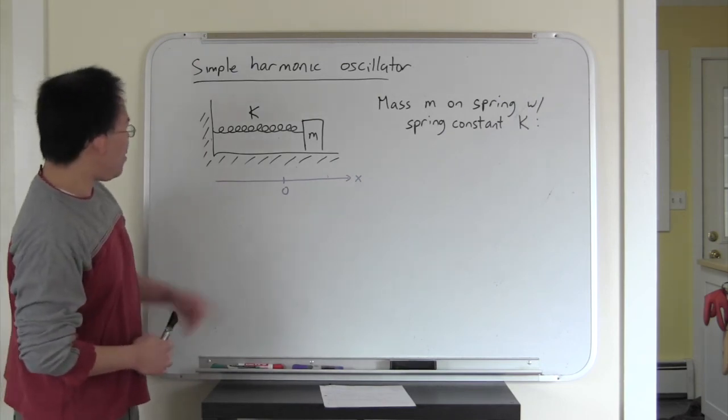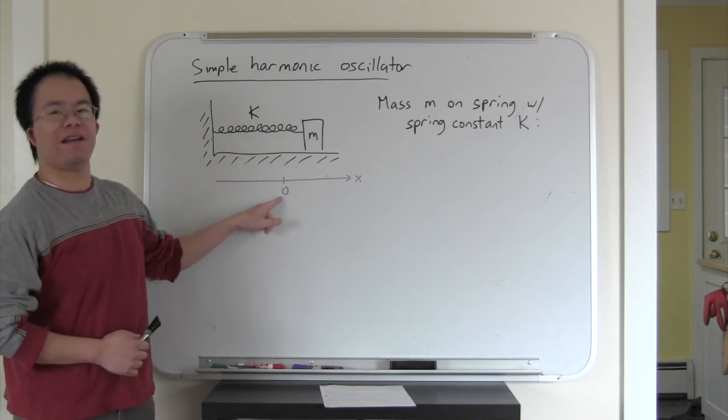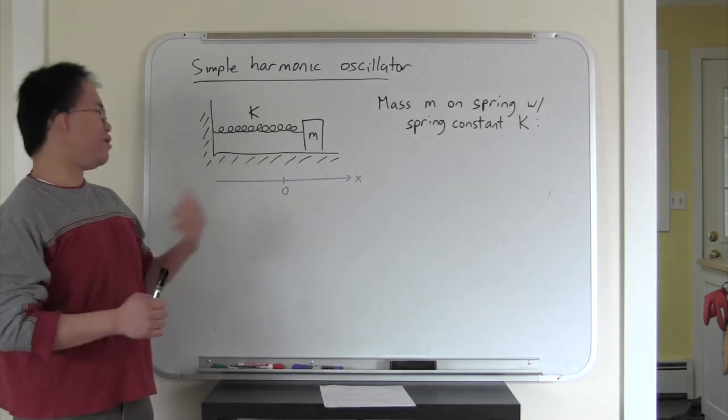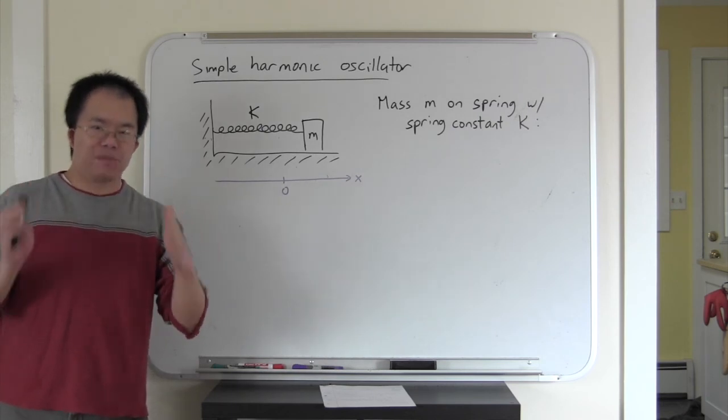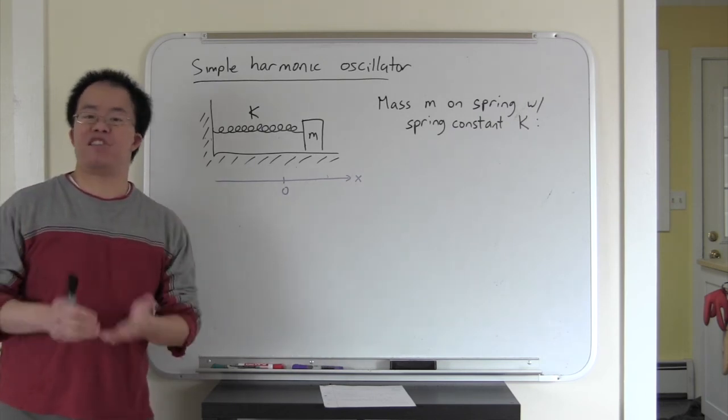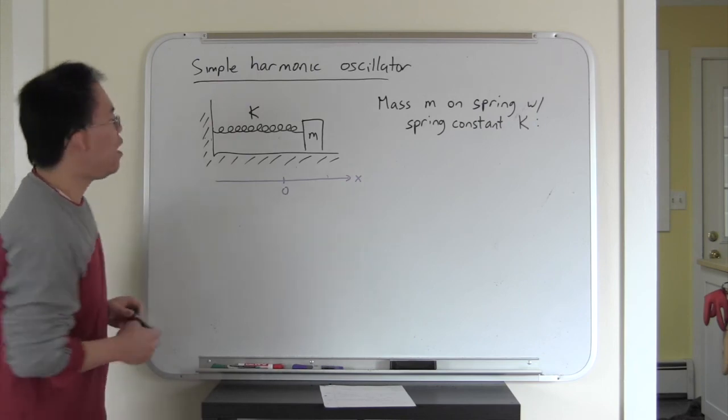Okay. And one more thing, I'm going to define x equals 0. I'll set up my coordinate system to be where the spring is at its unstretched natural length.